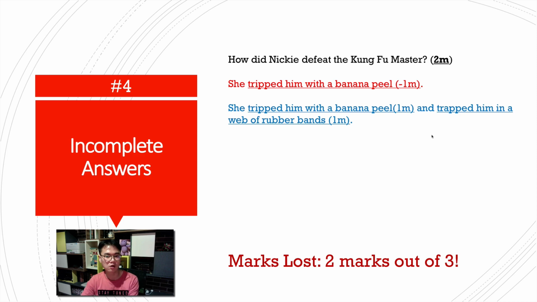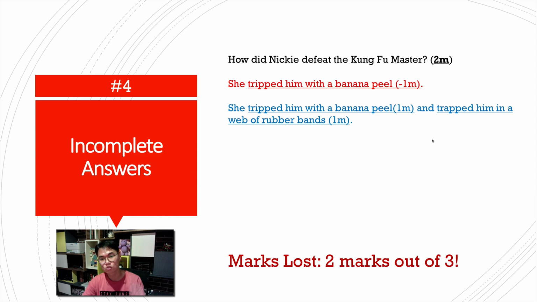First mark awarded for tripping the Kung Fu master with a banana peel, and a 2nd mark awarded for trapping him in a web of rubber bands. Okay, notice how both points are linked with the connector and, which we've learned in synthesis. Alright, so notice how different parts of English feed into each other. When I want to link 2 points together, I often use connectors like and, but, or to show the relationship that these 2 points have with each other.